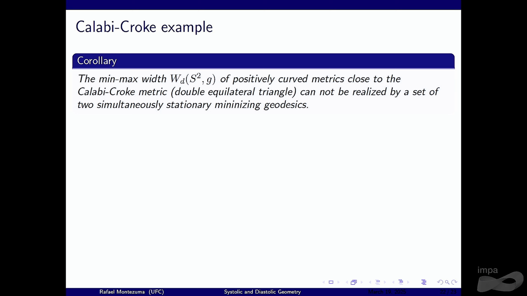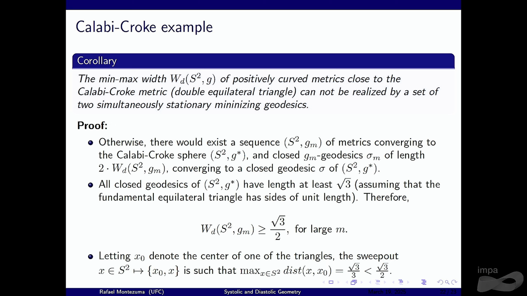The last corollary I want to show is that in this situation, the width cannot be realized by a set of 2 simultaneously stationary minimizing geodesics, so we know for sure that you don't get half of the width from closed geodesics.